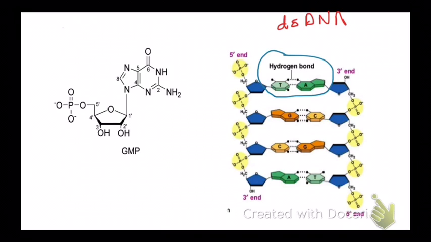The pairing is always T joined to A, thymine joined to adenine, a pyrimidine joined to a purine, and A and T have 2 hydrogen bonds between them. That's why we see these 2 bonds here. Guanine and cytosine have 3 bonds. In other words, they're held together more tightly. So we've got a C G pairing.